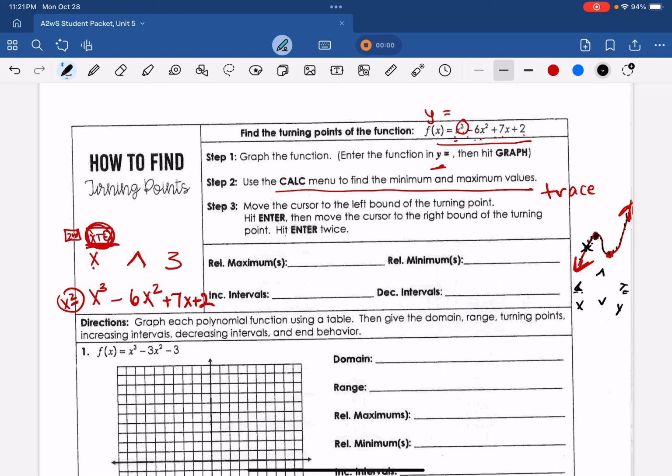So once you have traced this one, you should see that the relative maximum of this point is somewhere, sorry, just a second. Let me get my little cheat sheet here. Oopsie. On page 20. Somehow my notes got out of order. Solving by graphing. Where are you?